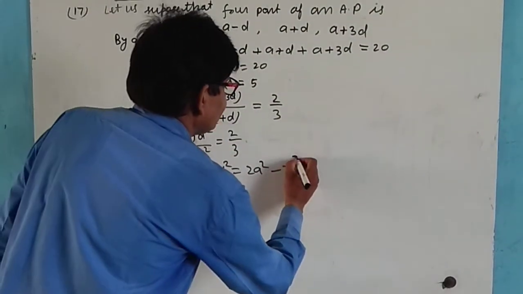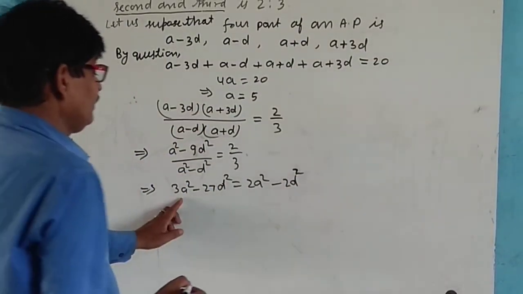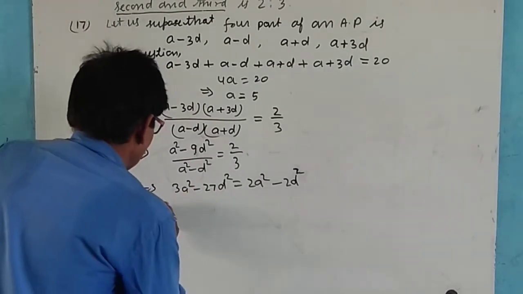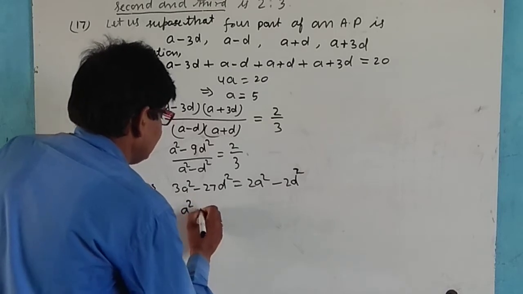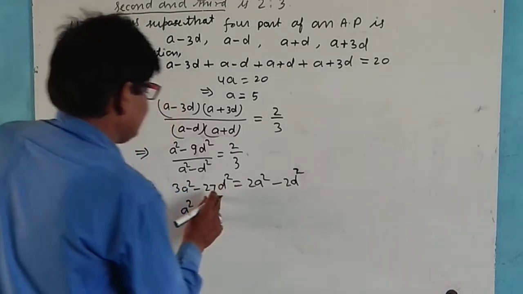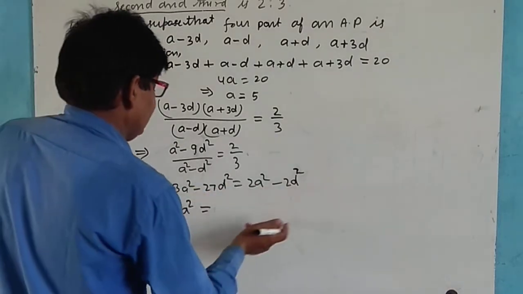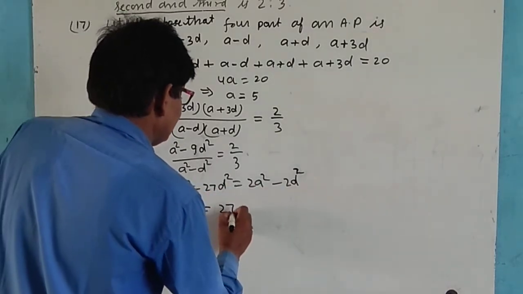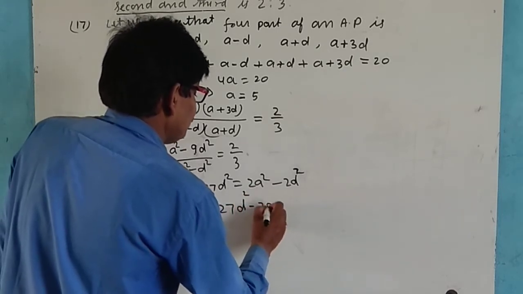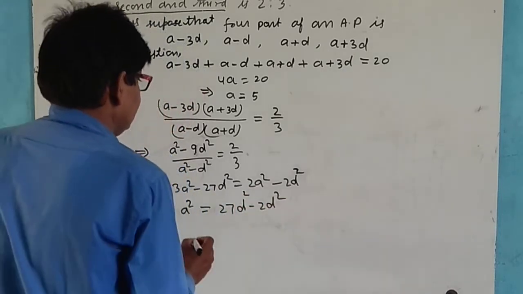Here 3A square minus 2A square equal to A square, and this equals 27D square minus 2D square.